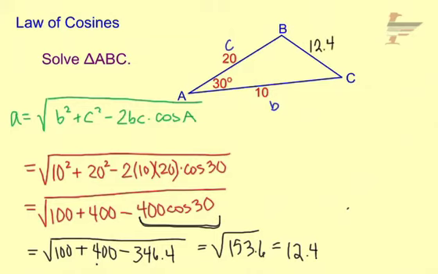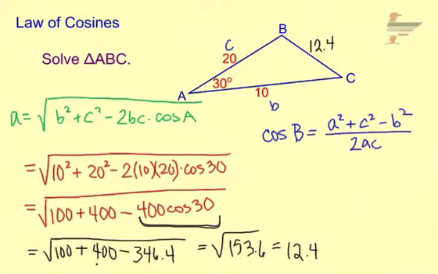Now we have all three sides and we need all three angles when we're solving for triangle ABC. For angle B or angle C, we can choose whichever one we want. I'll go ahead and solve for angle B. We're going to use the formula that says cosine of angle B equals a squared plus c squared minus b squared, divided by 2 times a times c.